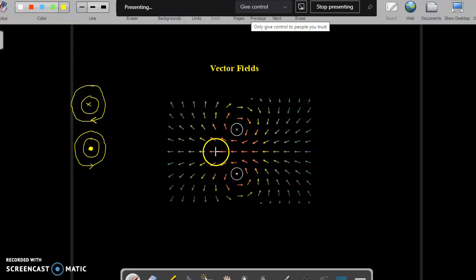So this is an example of a vector. Each arrow is a vector quantity. It has both direction and magnitude, and we can use ax, ay and az terms to represent each vector in this field.